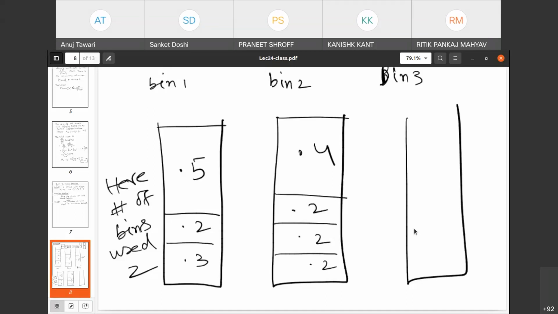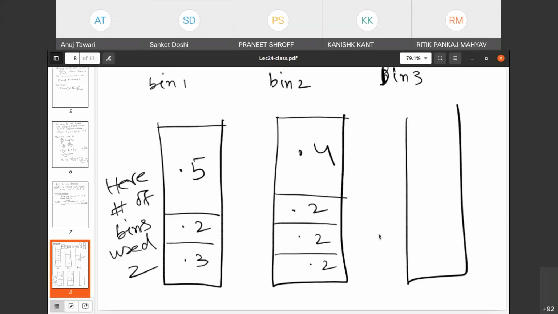In fact, you can also give a reduction from this to 0-1 knapsack or subset sum or the partitioning problem. Okay, so all these are very difficult problems in general, and it's not possible to find the best packing in polynomial time, or at least we don't know of any approach yet.